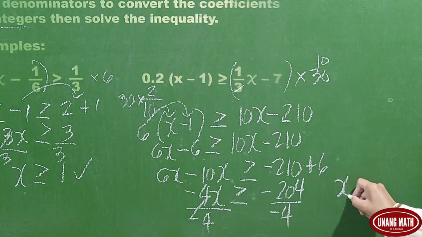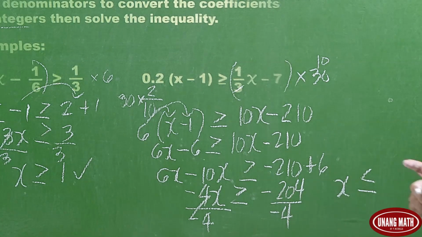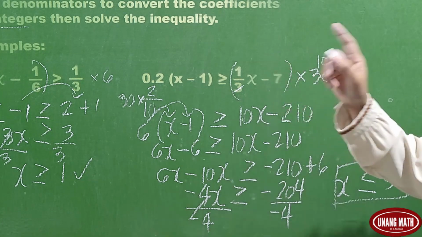So x must be less than or equal to negative 204 divided by negative 4 is positive 51. So x must be less than or equal to 51 to make this inequality true.